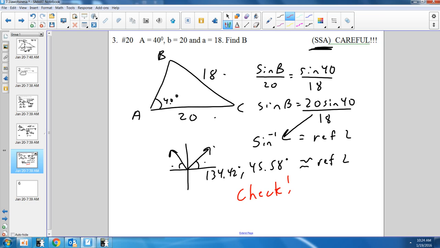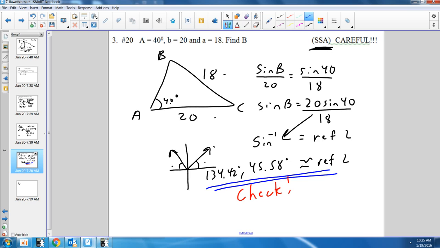So both of those are my answers, and I'm done with the problem. But you have to make sure that you're under 180 degrees when you add those two angles up. If you're greater than 180, then you would just cross off that answer and not consider it because there's not enough space. So that's the only little tricky part in this section.